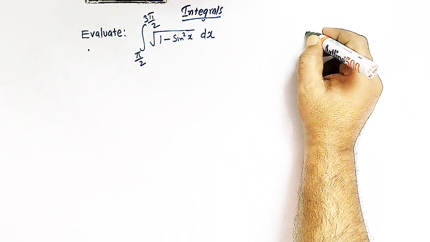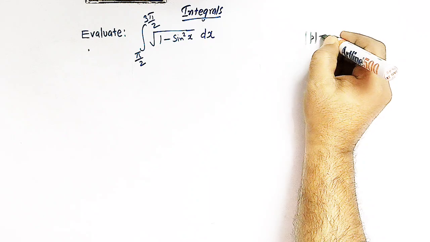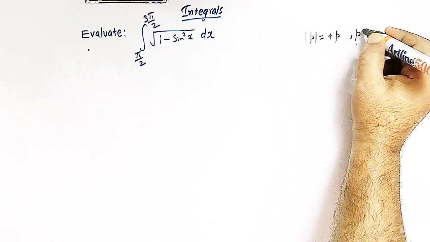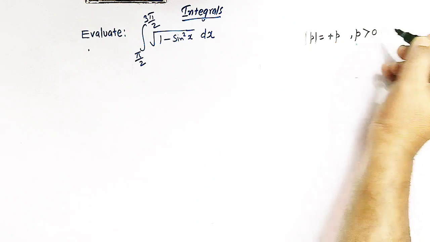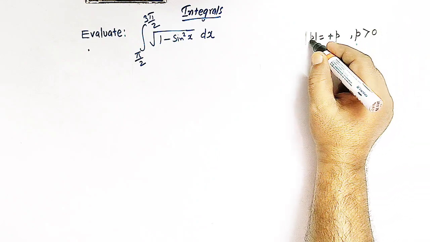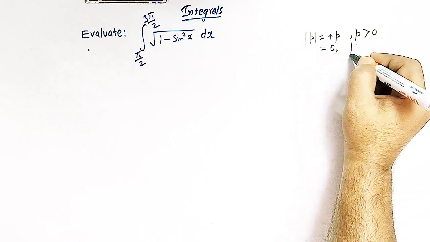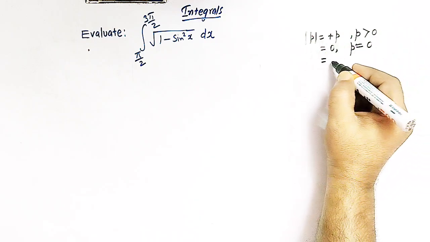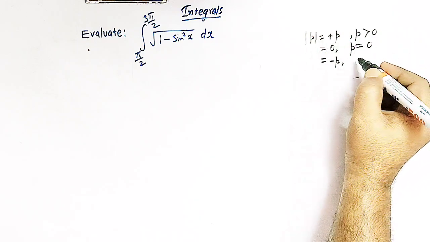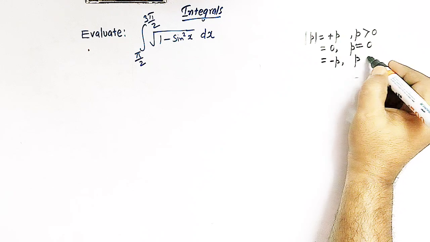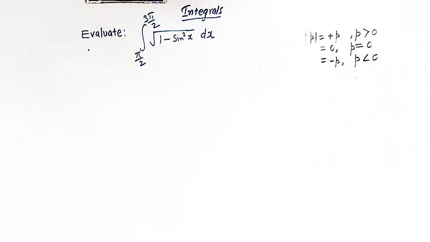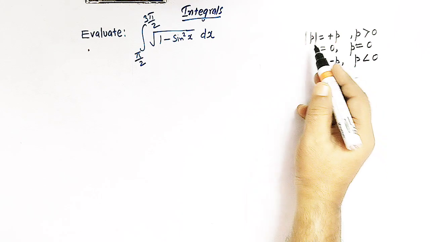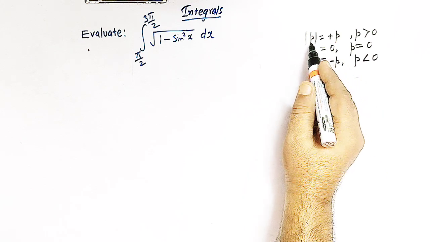Now see, mod of p is defined as positive p whenever p is positive, that is p is greater than 0, and mod of p is 0 whenever p is equal to 0, and mod of p is negative p whenever p is negative, that is less than 0, right? So this is the definition of absolute value of p.